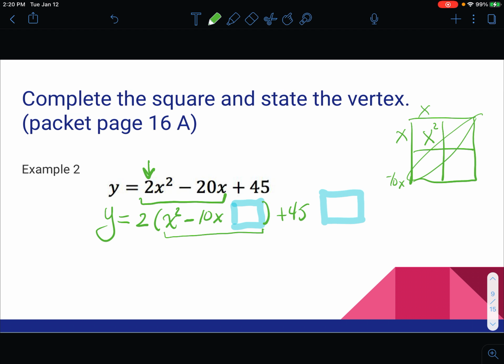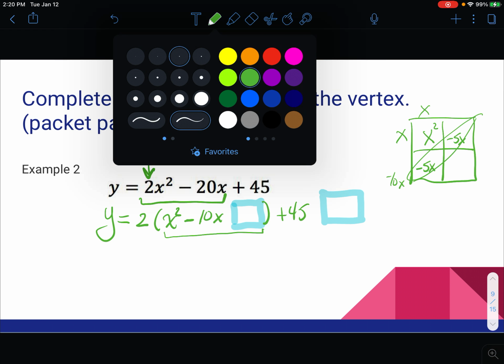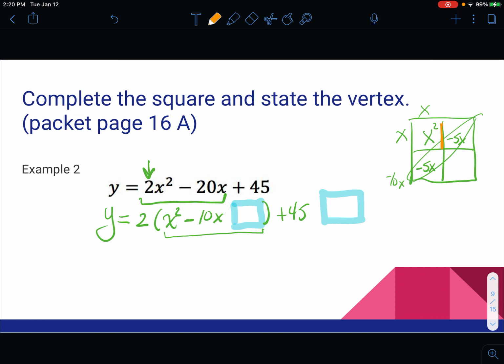That's minus 10x. So if I cut that in half, that's negative 5x and negative 5x. Now I ask myself, x times what is negative 5x? Negative 5. X times what is negative 5x?